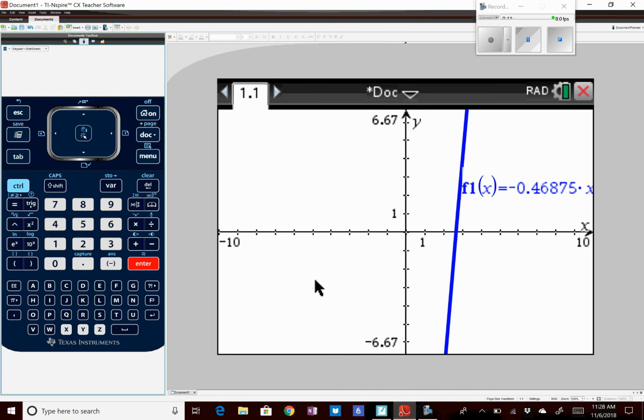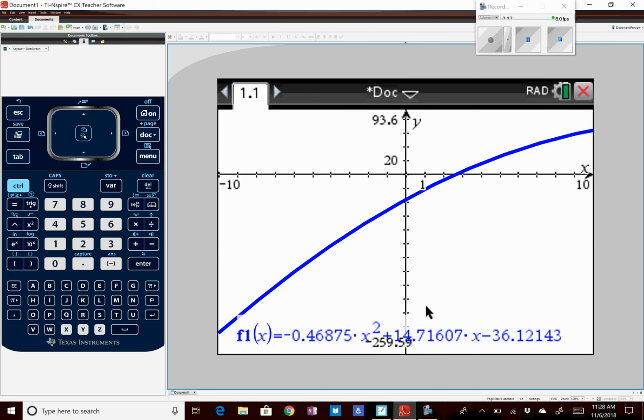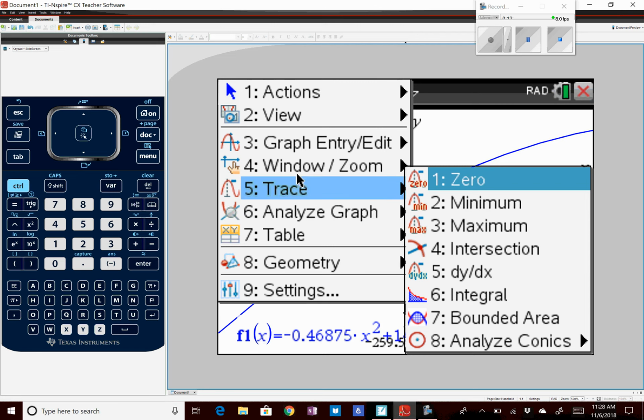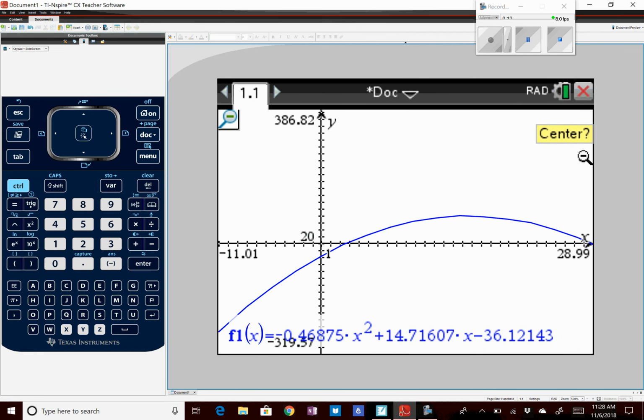Okay. All right, so we're going to have to adjust the window here. We could try a zoom fit. And we're just about there. We're going to have to zoom out a little bit. And now we can see the vertex, so we're good.